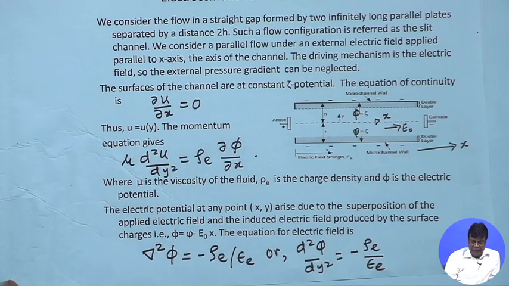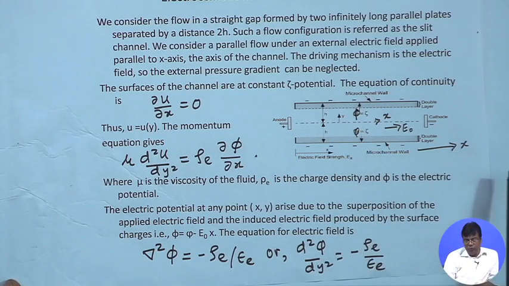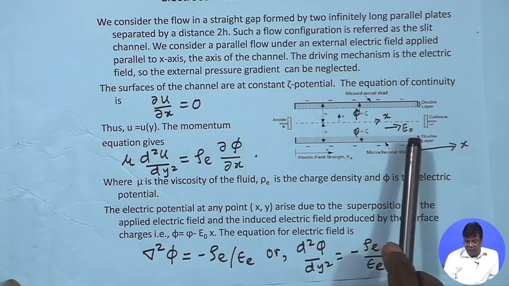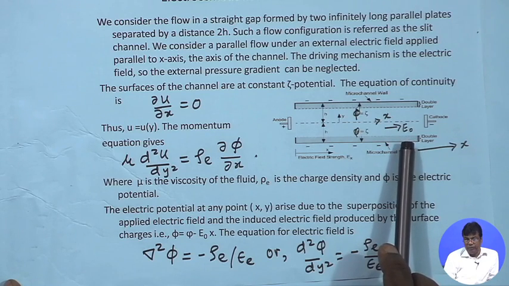Rho e is the charge density and phi is the electric potential. Now, the electric potential is governed by two mechanisms. One is the applied electric field E0.